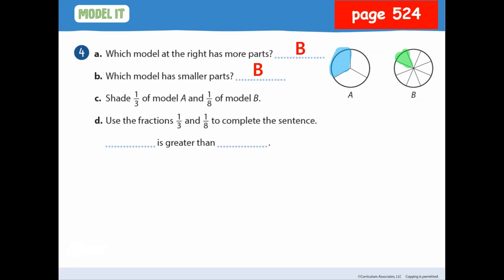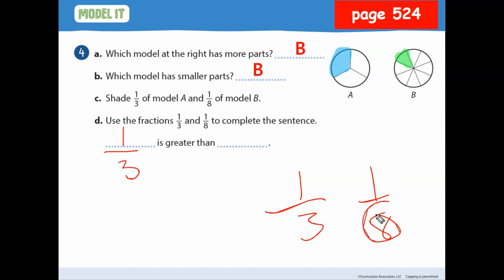So right now, look at the model. Which one's greater, 1/3 or 1/8? This is 1/8. Look at the sizes of each section. So what's greater, 1/3 or 1/8? 1/3. Don't get confused with this.